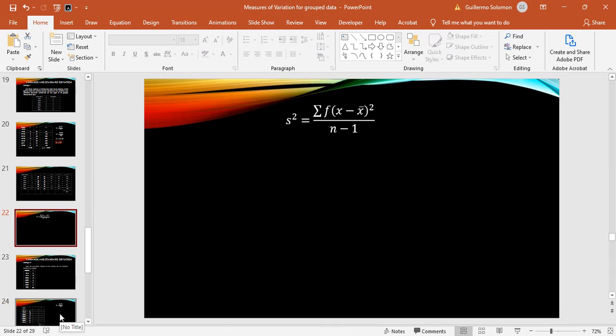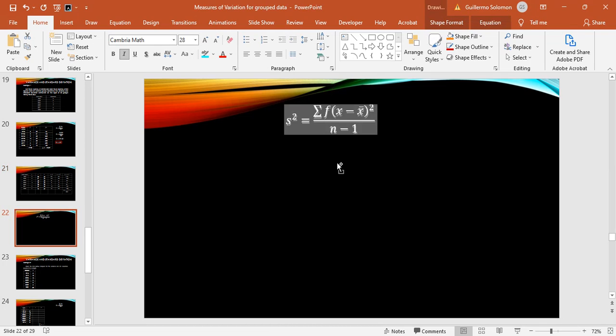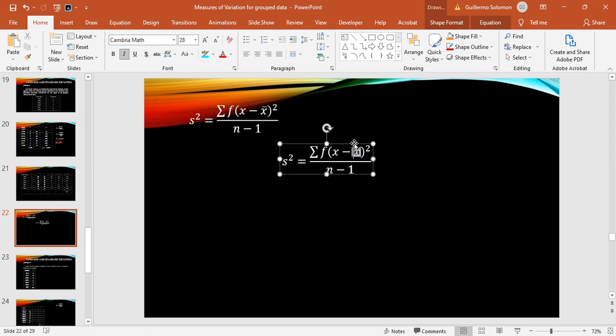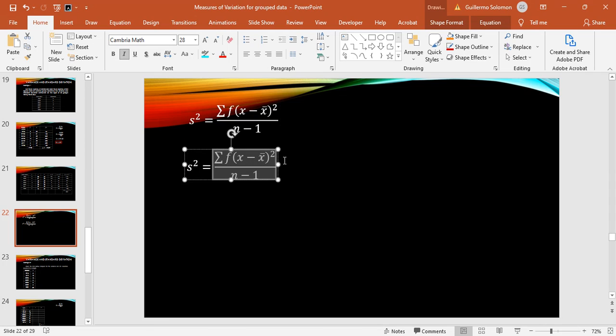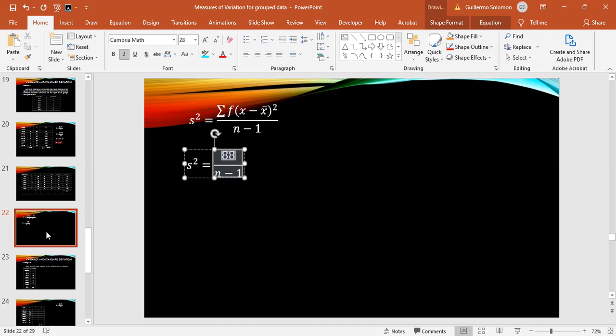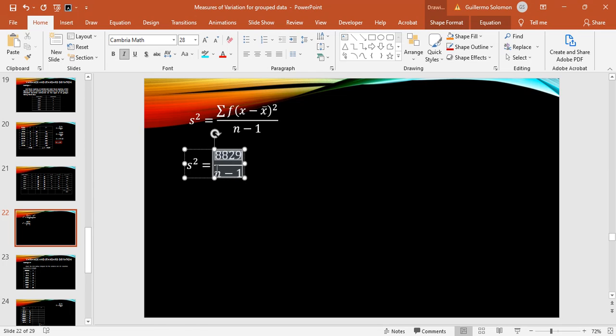Okay, so sa variance yung gagamitin natin, yung formula for getting the variance for group data. Okay, after nun, magpo-proceed tayo sa standard deviation. Okay, connected lang din naman yan. So si 8,829, i-substitute lang natin dito sa numerator, for variance. 8,829 all over, ano yung number of sample natin?